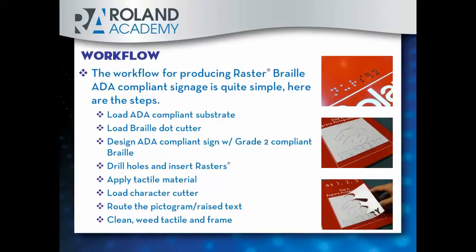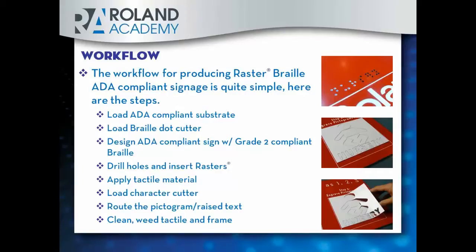They do have the actual grade 2 compliant translators built in. So all you do is type in text and the software does all the work, does the conversion for you, the spacing, everything. So the first step is you're going to drill the holes and then insert the rasters. So the rasters are either inserted with the manual pen or if the customer has a 400 or 600 with the auto pen, they can use the auto pen to insert the rasters.